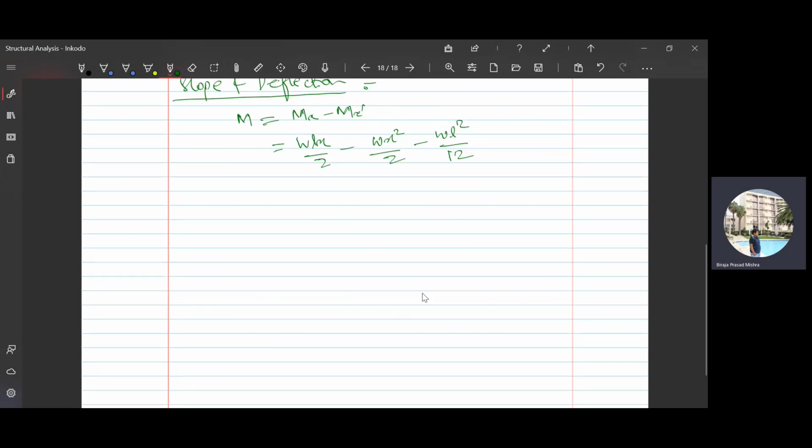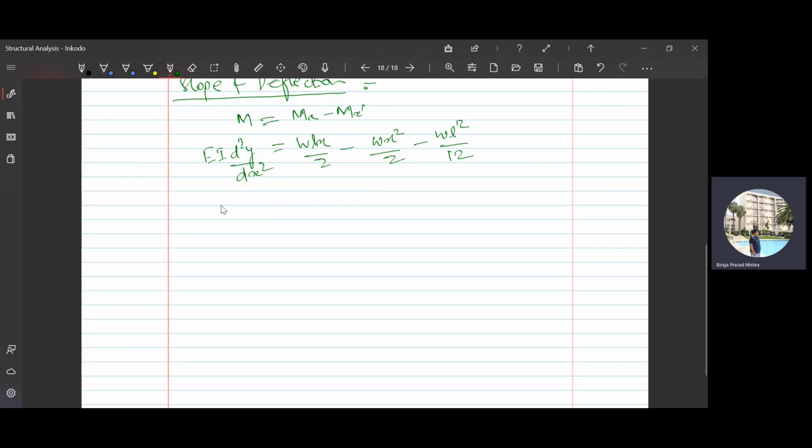Now this will be equal to EI into d square y by dx square.